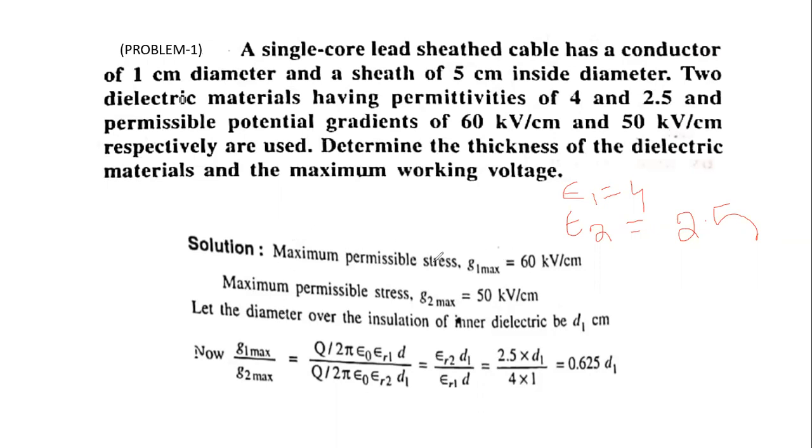First, the maximum permissible stress, that is G1 max, is equal to 60 kilovolts per centimeter and G2 max is equal to 50 kilovolts per centimeter. The maximum permissible potential gradients are G1 max and G2 max.